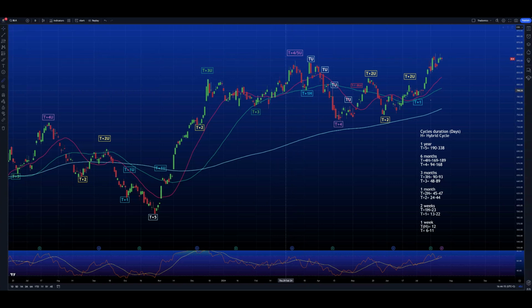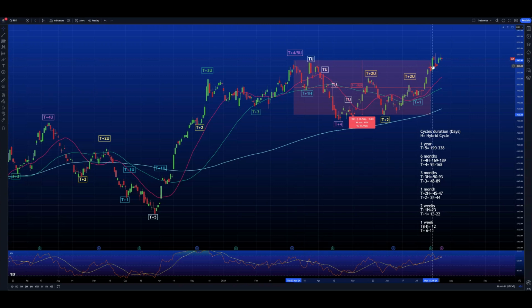And actually, if we gauge the total duration, or the number of days below the top from which the cycle started, from this top, we have 88 bars. 88 bars is the duration of a t+3. And it's also sufficient to say that from this top, we have a t+5.